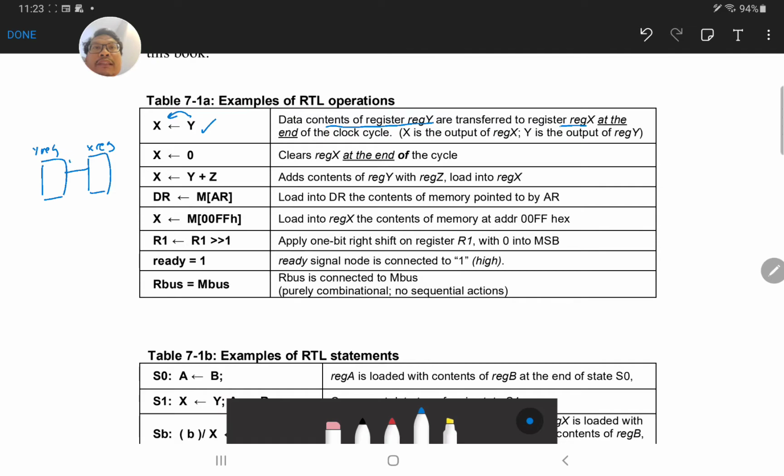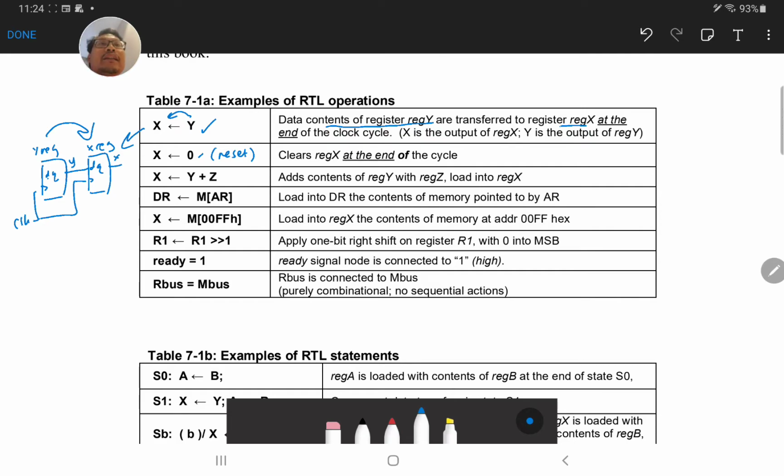The output Y, here is output X, D, Q, clock. So X arrow Y means that you want to transfer the content of Y into the register X. That's what you want to do. And X arrow 0 is we transfer 0. This is like a reset. Clear the register X.